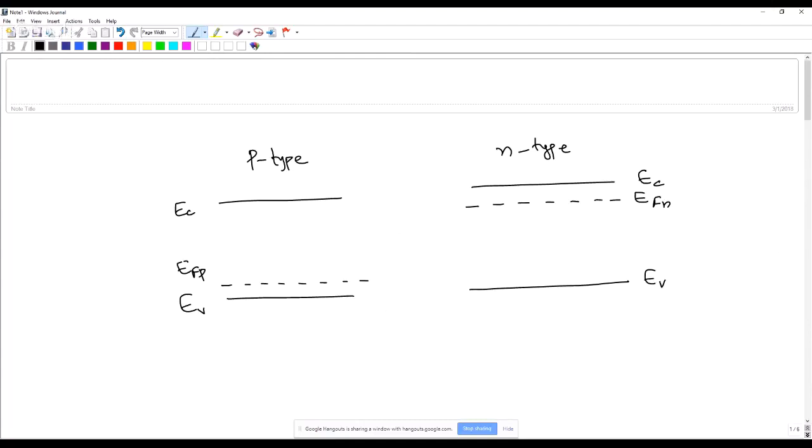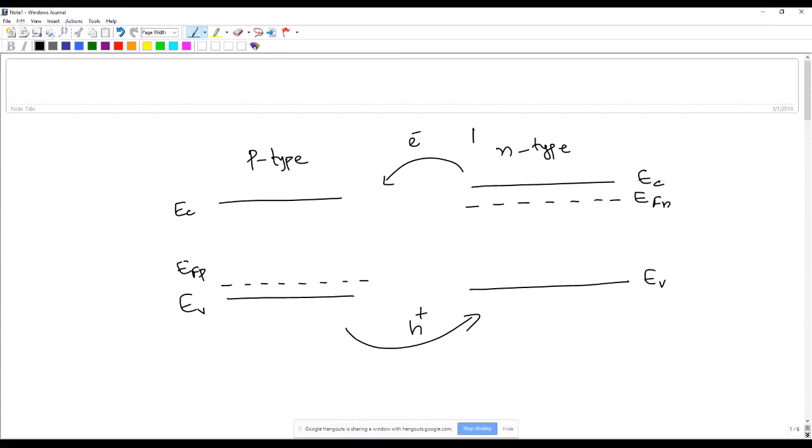This is before the junction is formed. When a junction forms, as I mentioned for metals and semiconductors, the Fermi levels line up. Another way of saying this is that electrons from the N side move to the P side, and holes from the P side move to the N side.